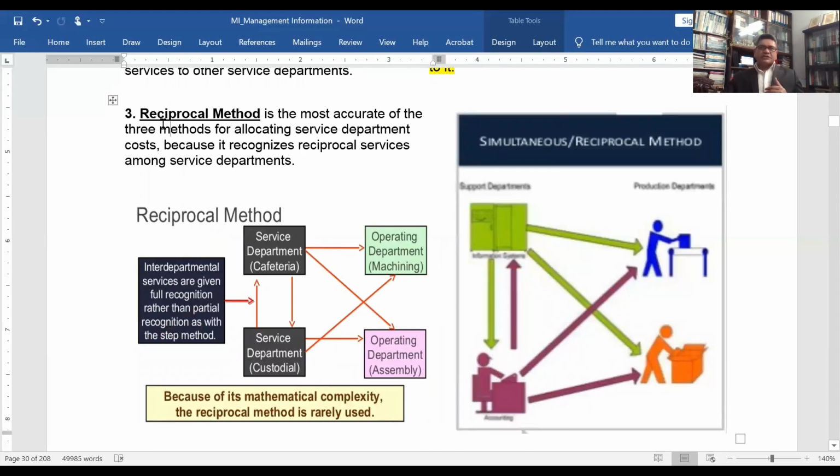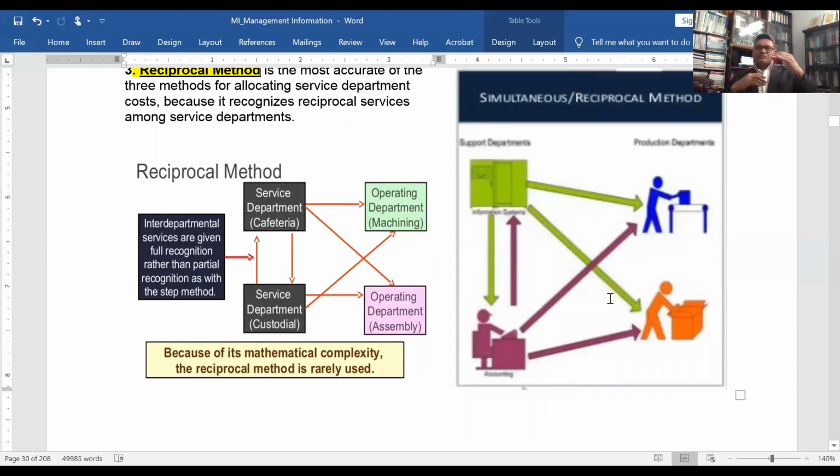And number 3, the reciprocal method. This is the most accurate of the 3 methods for allocating service department cost, because it recognizes reciprocal service among service departments. Look here.